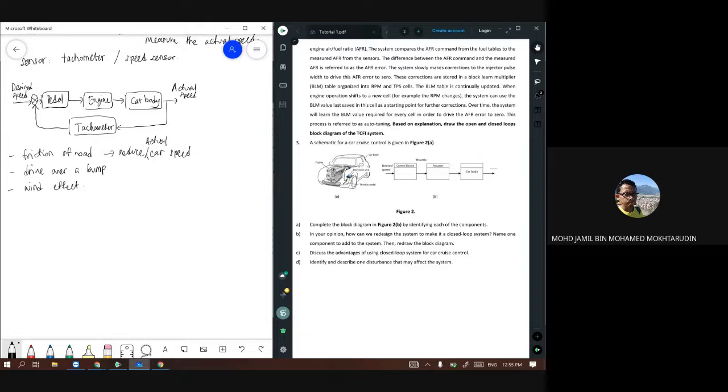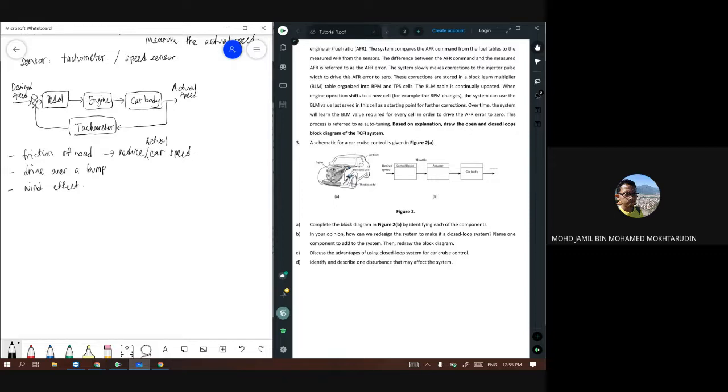Maybe the indicator shows the speed is correct as what you desire, but it feels like the car is slow. So the effect of friction is that it reduces the actual car speed, so it causes you to increase the speed by increasing the push on the pedal.